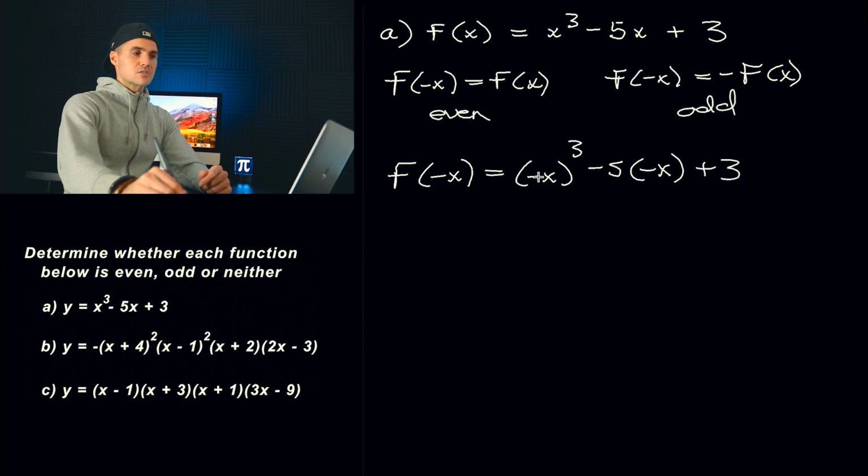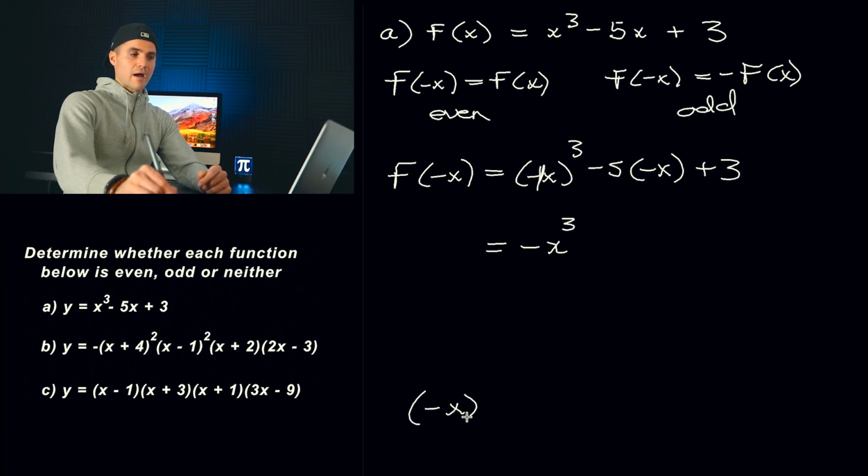Now negative x to the power of an odd exponent is always going to be negative x to that same exponent, because there's a negative 1 here, right? Negative 1 to the power 3 is negative 1. X to the power 3 is x to the power 3, right? If you had negative x to the power of an even exponent, it would end up just being positive x to that even exponent.